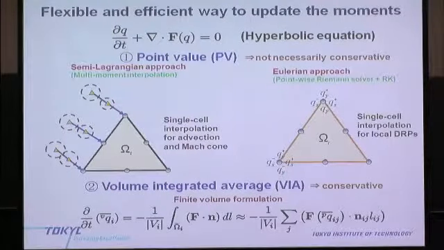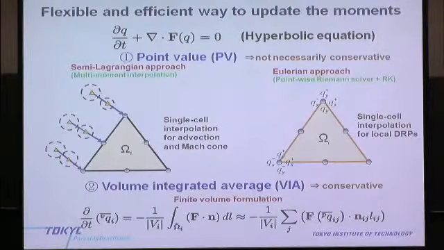We can also use the Eulerian approach. In this case, we just fix the point of solution at this point, and we solve pointwise Riemann problems. And for time updating, we can use a Runge-Kutta type of method.